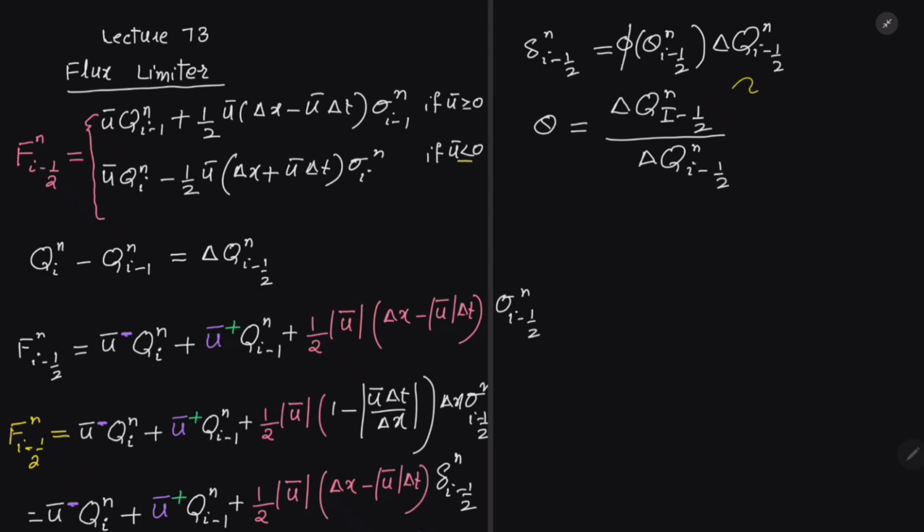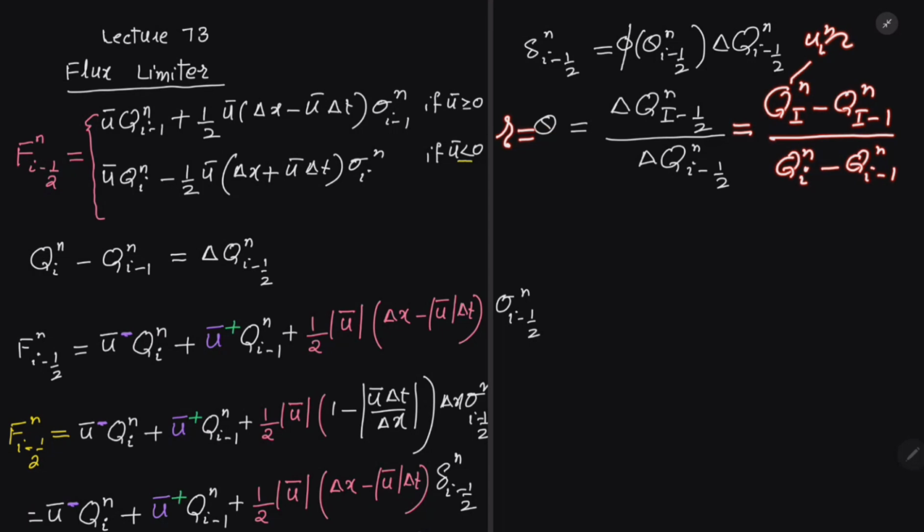So it is just a ratio of the change in value, for example Q_I minus Q_{I-1}, divided by Q_i minus Q_{i-1}. I repeat again, if you see this somewhere, some people call it r and they define it differently. In that case they may call it U and I, and so on.